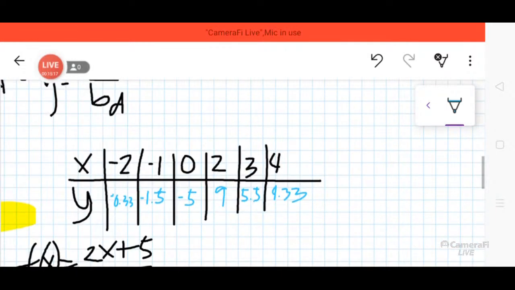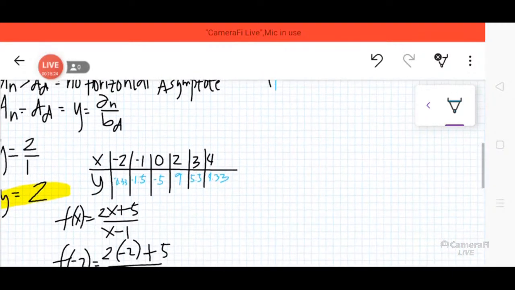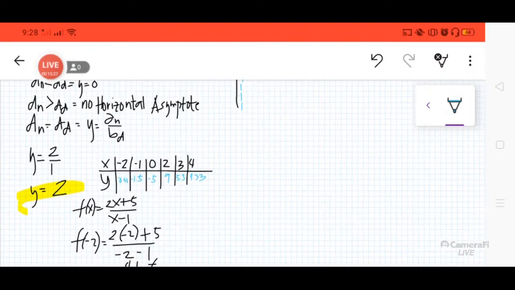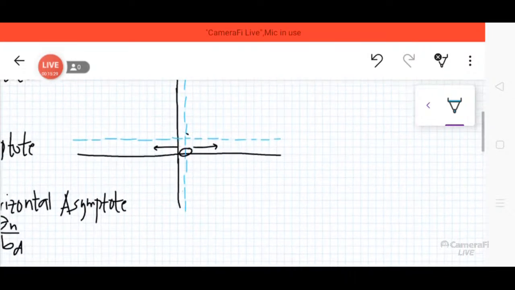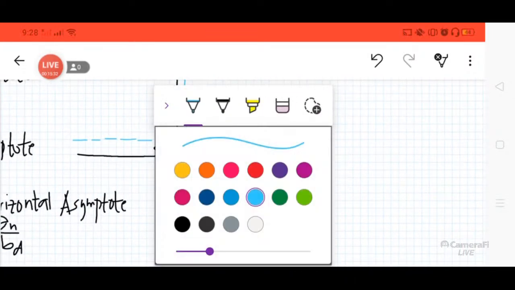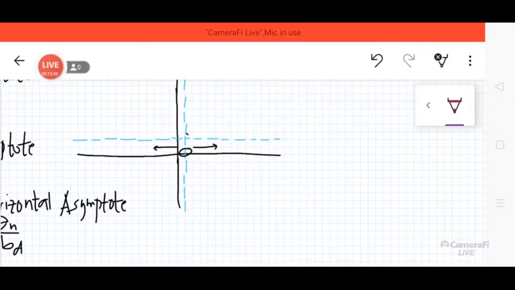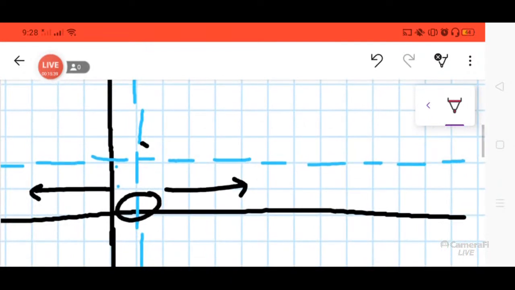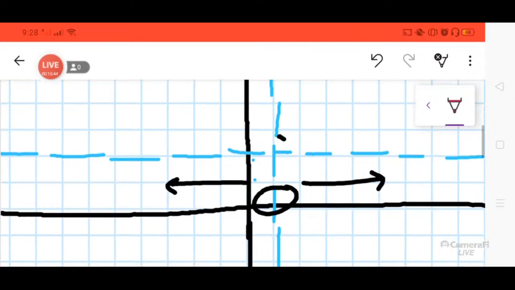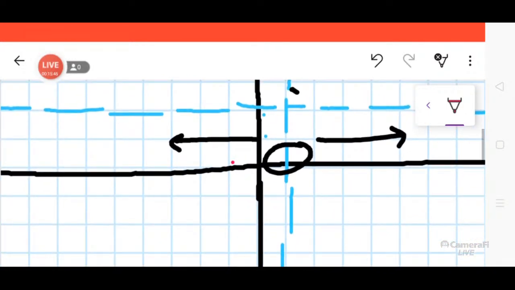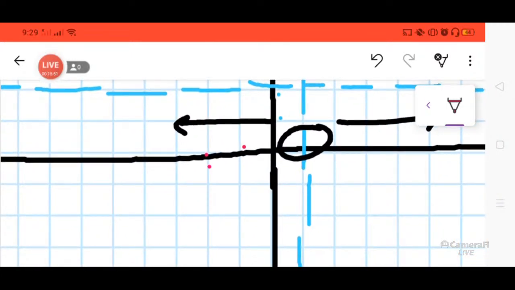The next step is to plot these in our coordinate plane. We have negative 2 and negative 0.33, so let's use another color. It must be here. Next is negative 1 and negative 1.5, so it must be here.